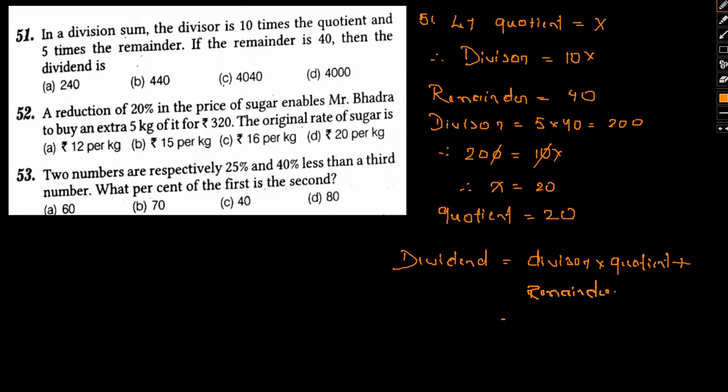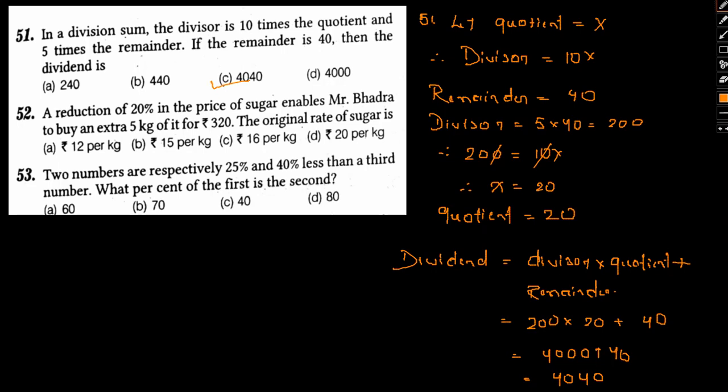Okay, so therefore the divisor, this is 200, into quotient being 20, plus remainder is 40. So this would come out to be 4000 plus 40, that is 4040. Option C is the answer. Okay, I hope this is clear to you.